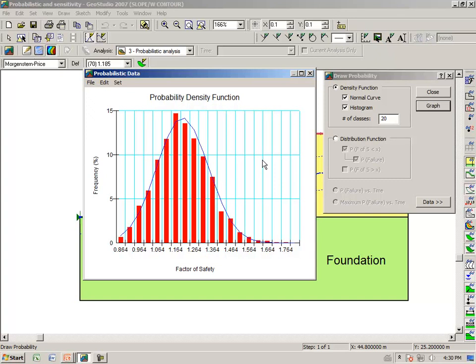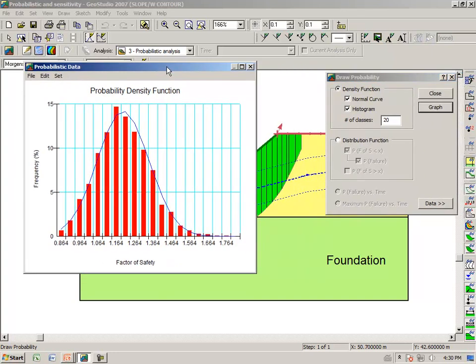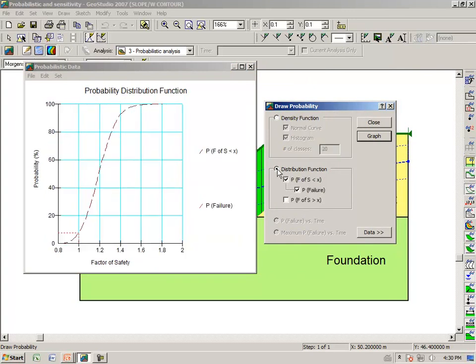Once this is known, it is possible then to view a distribution function, and here is our distribution function, the probability of failure.